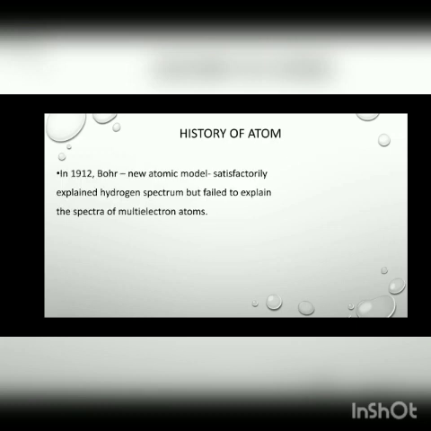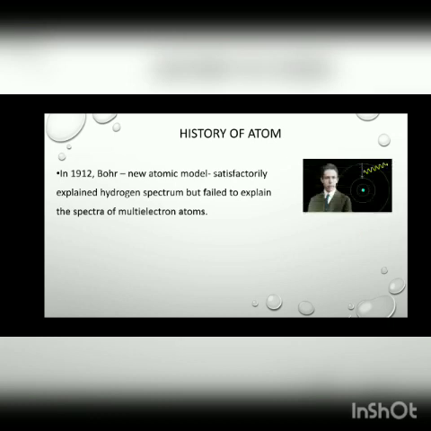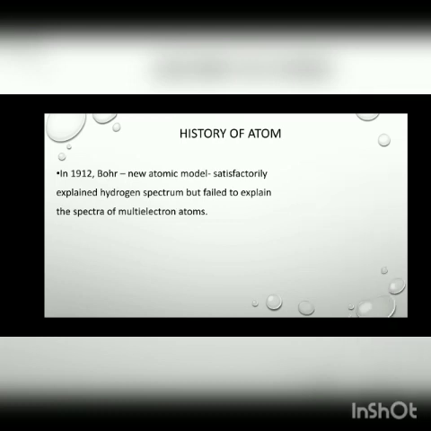Again, the Rutherford model also had some limitations, which were overcome by another scientist called Niels Bohr. He proposed a new satisfactory model in 1912 which could explain the hydrogen spectrum but failed to explain the spectrum of atoms with more than one electron.